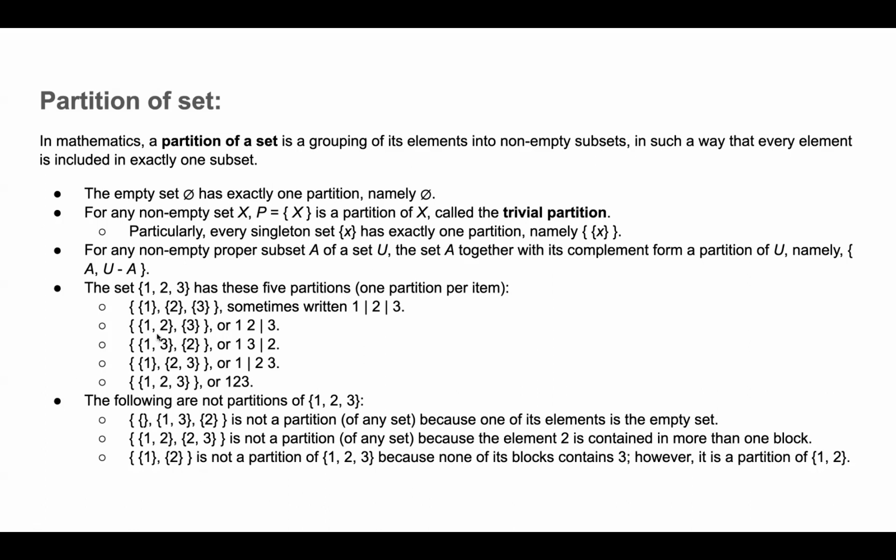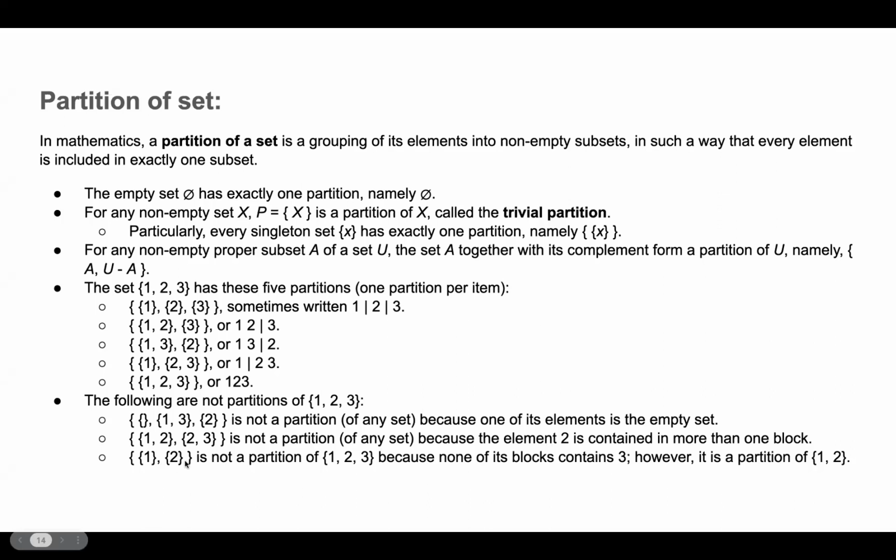Here 1, 2, 3 are distinct sets, but it is not so in this one. As 2 appears 2 times, we cannot say it is a partition. We cannot do a partition of this set because 2 comes here twice.